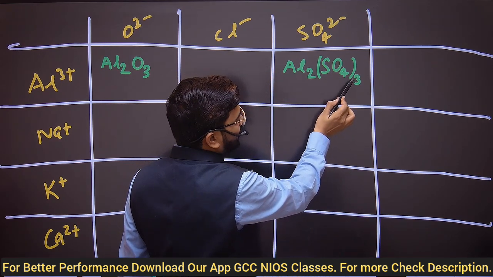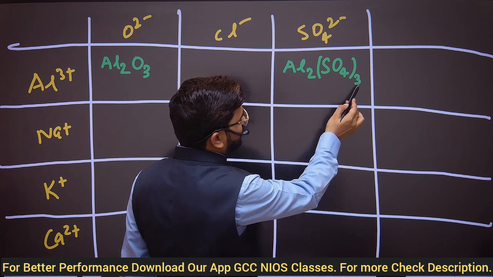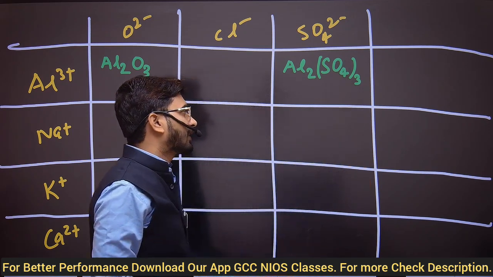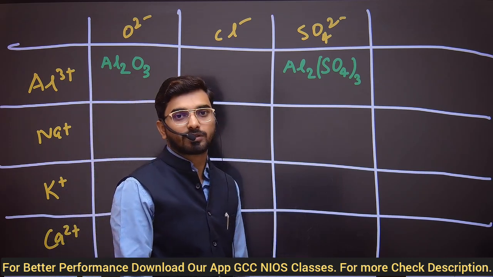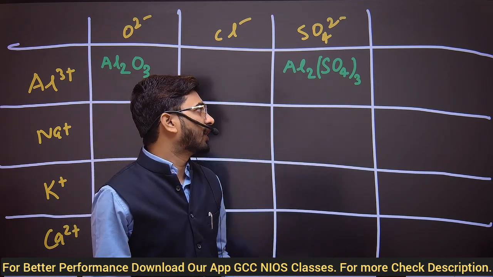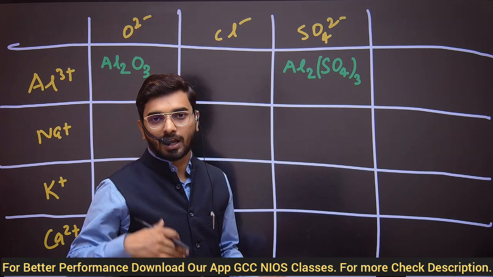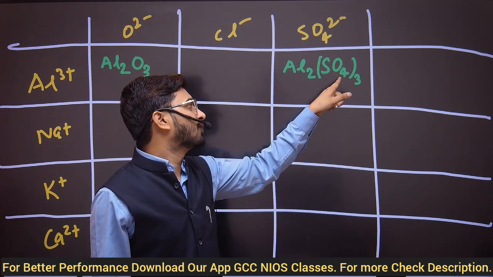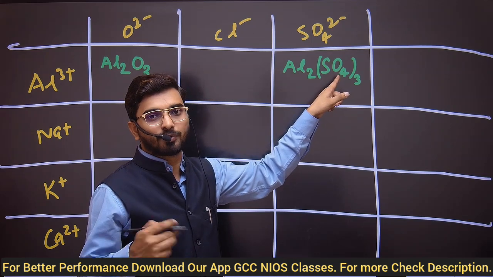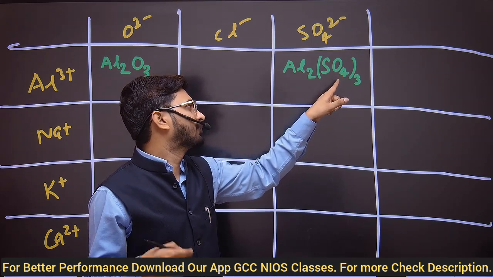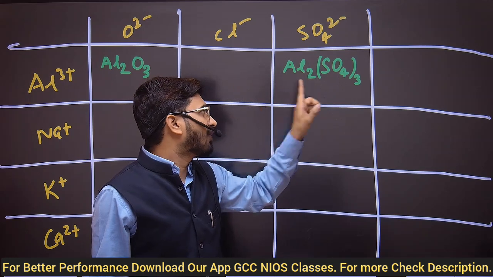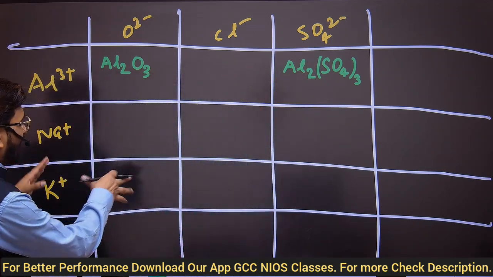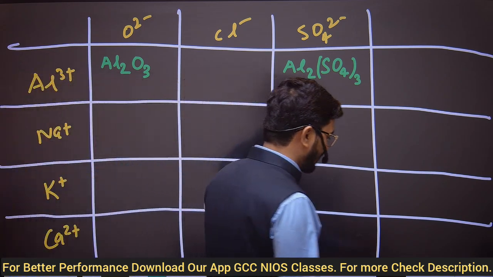This 3 applies to sulfur also, and this 3 applies to oxygen also, right? If I ask how many sulfur atoms are present in this formula, you will say 3. And if I ask how many oxygen atoms are present here, O4 3 times, 4 plus 4 plus 4, or 4 multiplied by 3, so 12 atoms of oxygen, and 2 atoms of aluminum. You can make this chart as homework, whatever you understood.